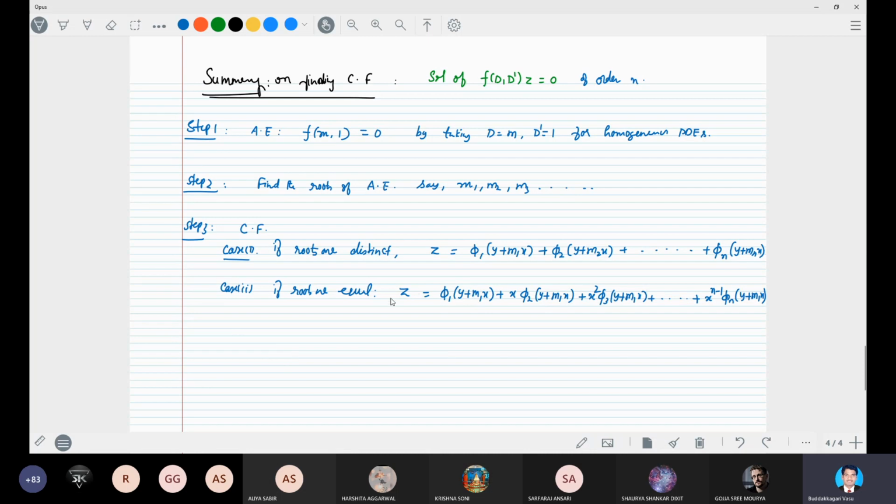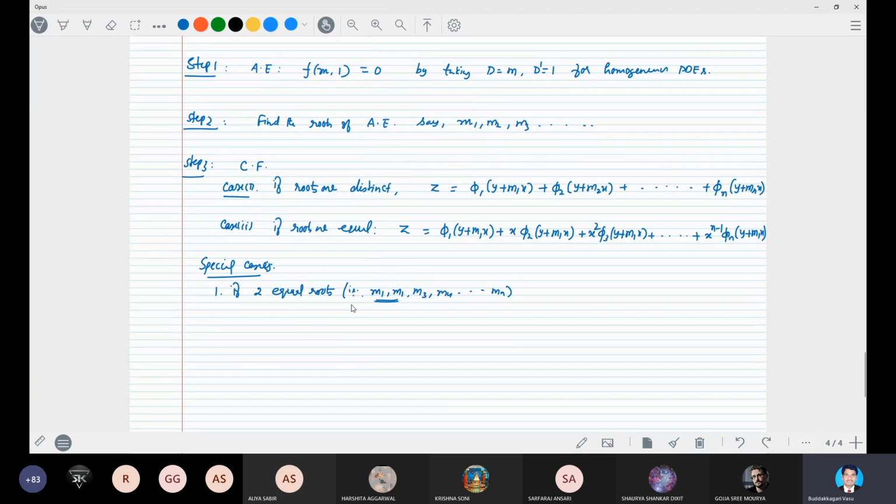Now, in the special cases, number 1, if there are two equal roots and the rest of them are distinct, that is m1, m1, m2 are equal, next m3, m4 and so on up to mn, that means the first two roots are equal. So in such a case, what will be the complementary function?